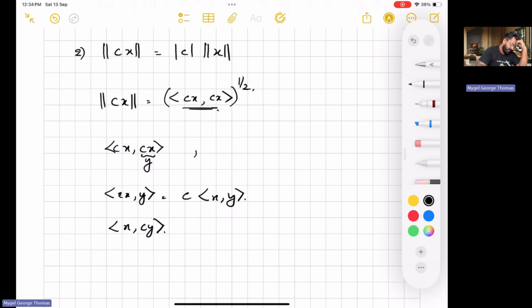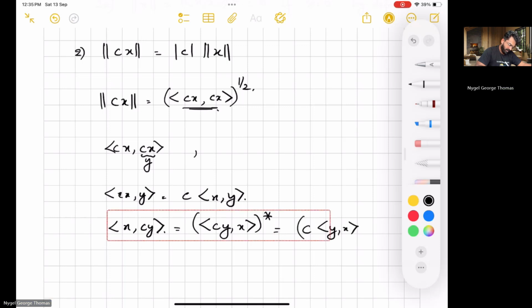We know that x comma cy is the same as the complex conjugate of the inner product of cy and x, according to the Hermitian property, right? So we have c conjugate.